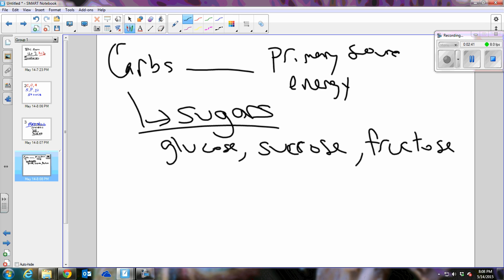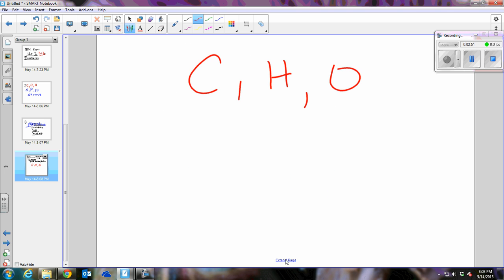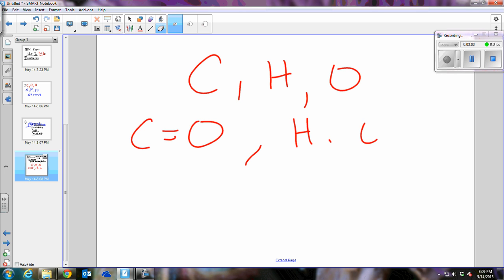Carbohydrates are always composed of 3 things: carbon, hydrogen, and oxygen. And they're normally in a readily noticeable ratio, whereas the carbon is always equal to the oxygen, and the hydrogen is equal to the carbon times 2.